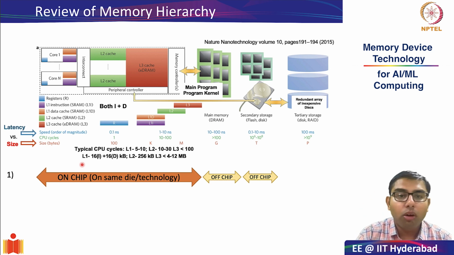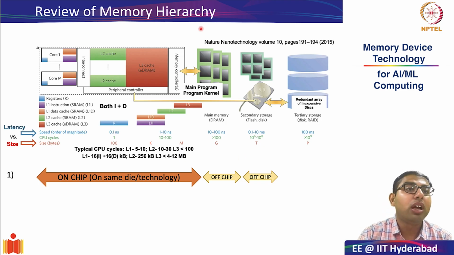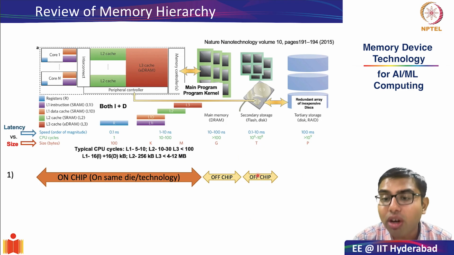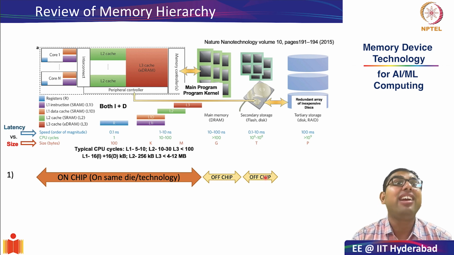But this is still what is generally the case. The on-chip memory is restricted to the cores and the L1, L2 and L3 caches. And you have two separate off-chip memories and storage. The first off-chip memory is your DRAM, and your second off-chip memory is your NAND flash. Please recall why they are off-chip, because they are essentially being fabricated in separate foundries and integrated on the motherboard through external wires.